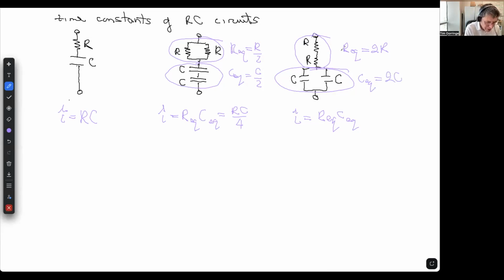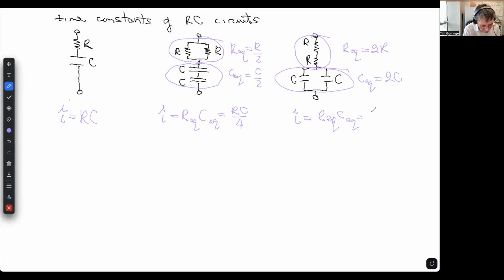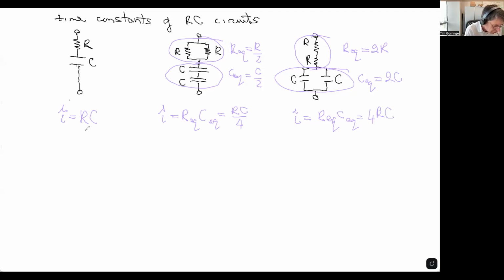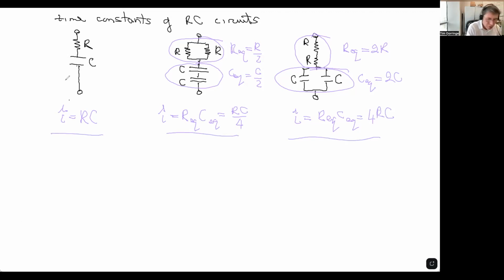And so now we know the equivalent resistance and equivalent capacitance of the circuit. I can just plug them into my equation for the time constant. I'm going to plug in 2R for the equivalent resistance, 2C for the equivalent capacitance. I've got a time constant that is 4RC. And so here are the three time constants of the three circuits, our reference point where we have one resistor, one capacitor.